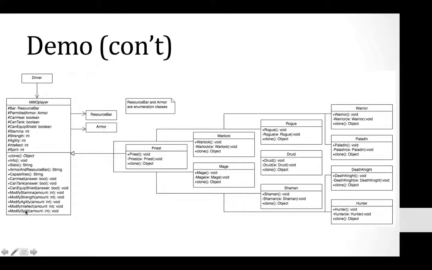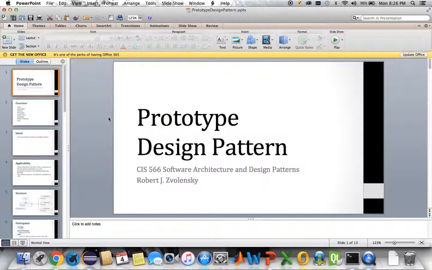And these are all the utility functions that all classes use. And just so everyone is clear, these two are enumerations that have the type of armor available and the type of resource bar available. And without further ado, we'll go to the demo.